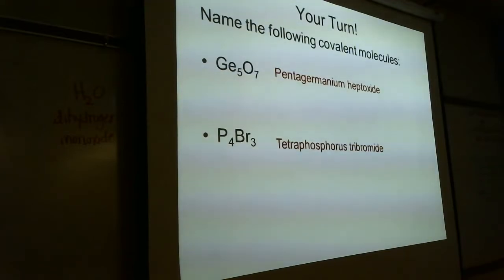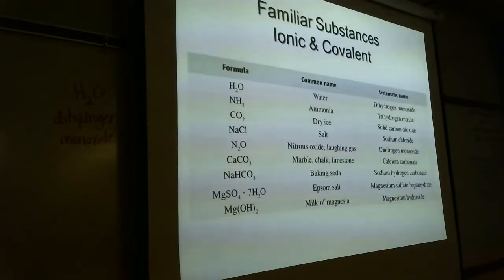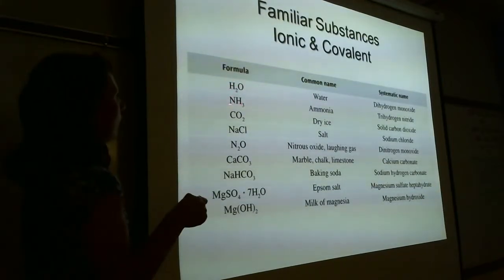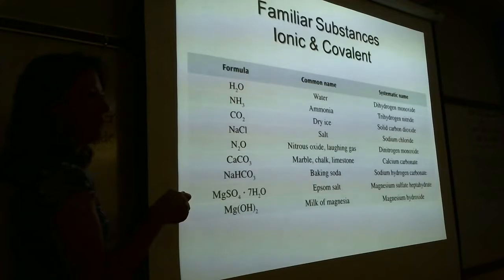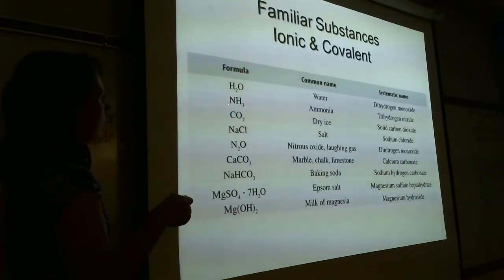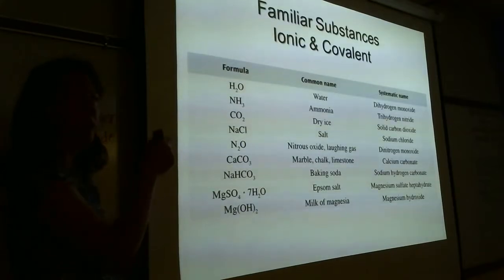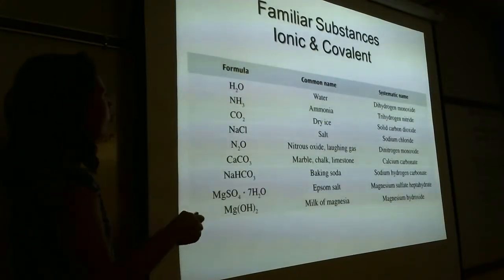All right. So again, you can tell type of bonding by looking at the formula. So what kind of bonding is in water? We already talked about it. What about ammonia? Ionic or covalent? Covalent, right? Remember, we're pretending hydrogen's over next to helium.